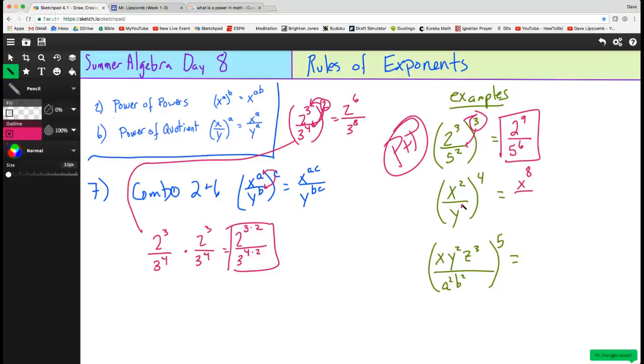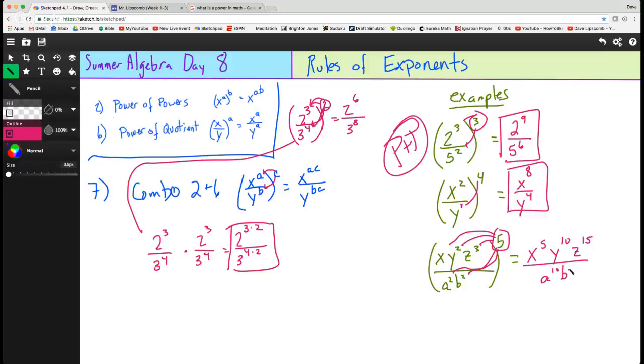Well, this y is like a 1, an implied 1, over y to the 4th. And here we have to multiply this 5 inside 5 times, once for each variable. So we have x to the 5th, y to the 10th, z to the 15th, over a to the 10th, b to the 10th.